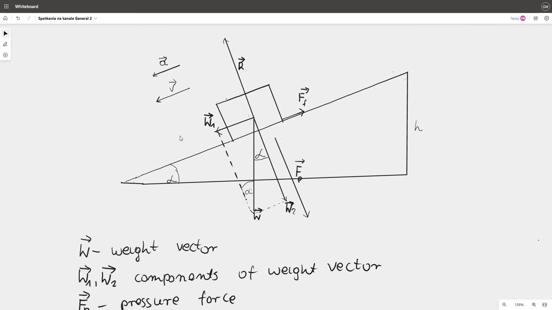So, we have a block sliding down the ramp with friction. We have to draw all forces acting on the block. It is weight here. It is reaction force here, often called normal force, and friction force here.